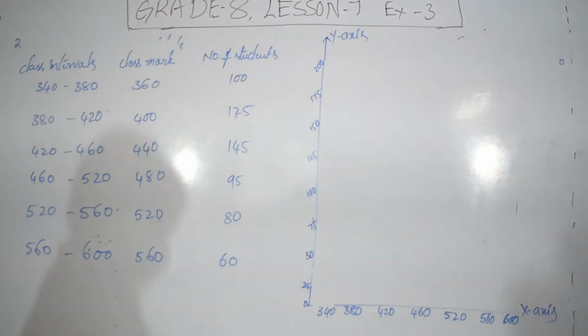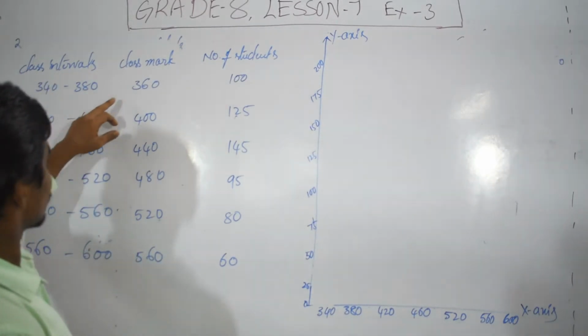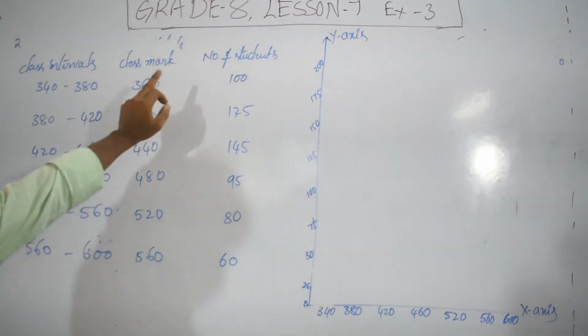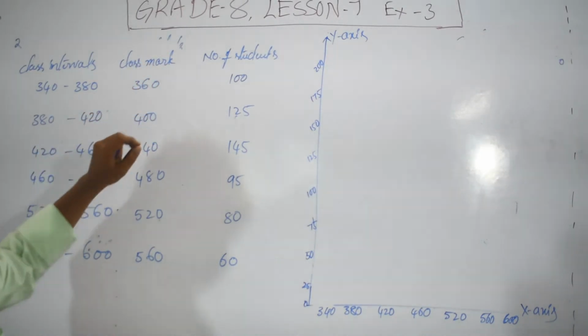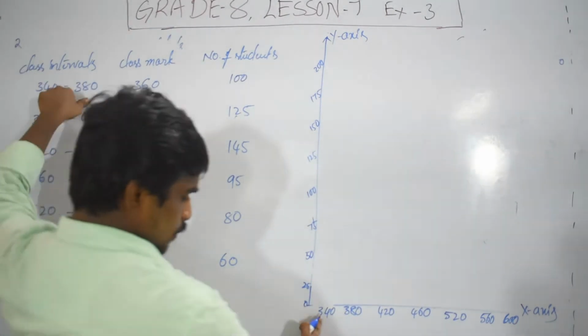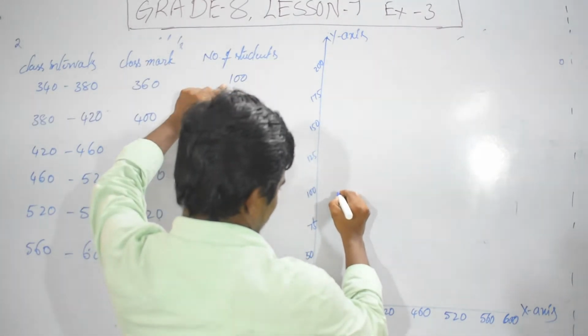Here see, 340 to 380, how much? 100. Where? Here.